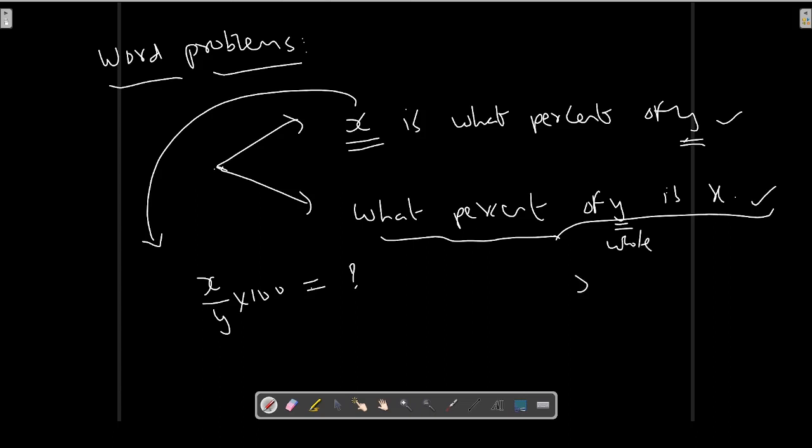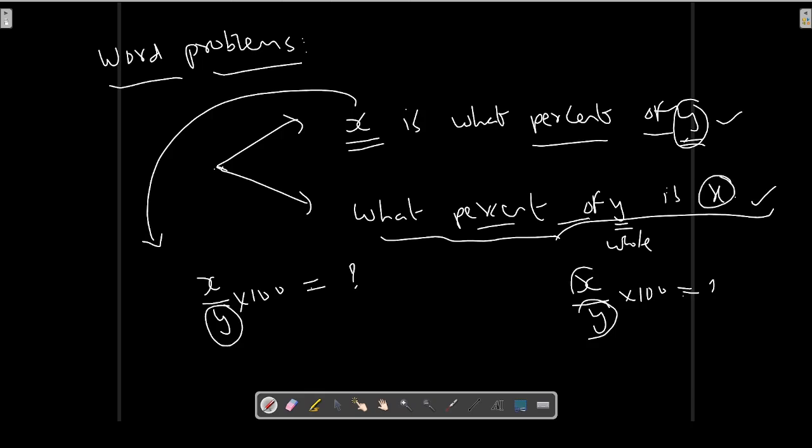In this case also we can write X by Y into 100 is equal to the required answer. Always remember that the number which is next to the percent of will be the whole part. That means the denominator. The other number will be the numerator. That means the required part.